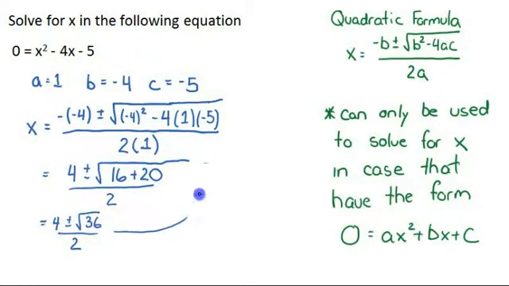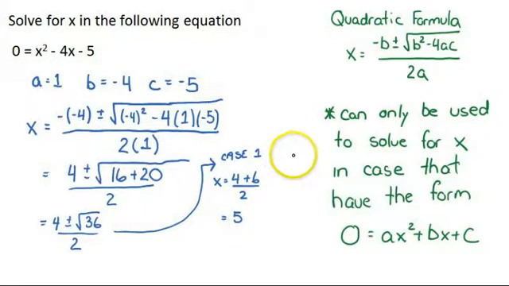So we might have case 1, x is equal to 4 plus 6 over 2, which is equal to 5, or case 2, x is equal to 4 minus 6 over 2, which is equal to negative 1. And now I've solved that equation.